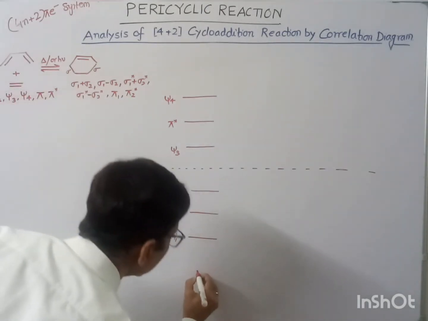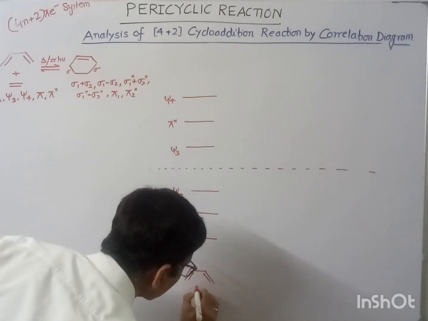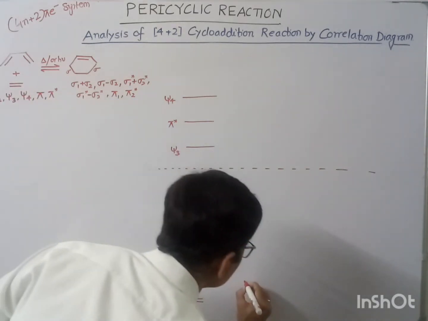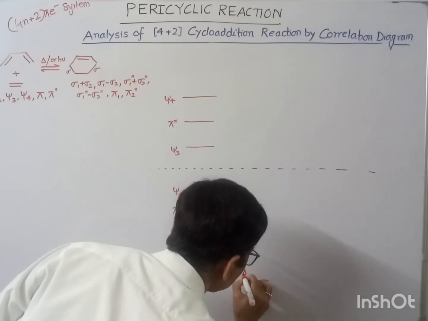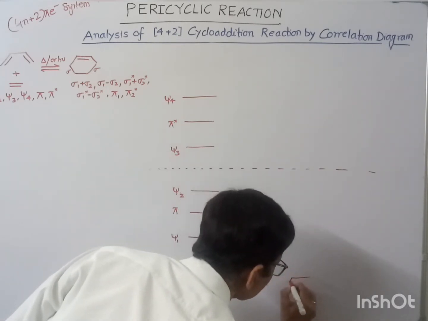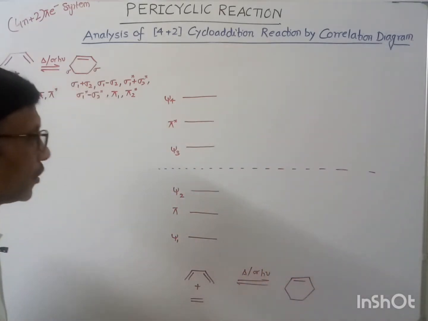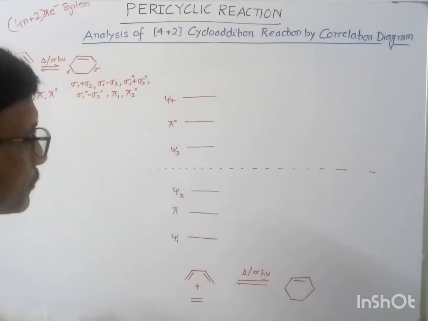So these are the molecular orbitals for these reactants, and this reacts either in presence of heat or in photochemical condition to give the cyclohexene. Now I should write the molecular orbitals for this product.